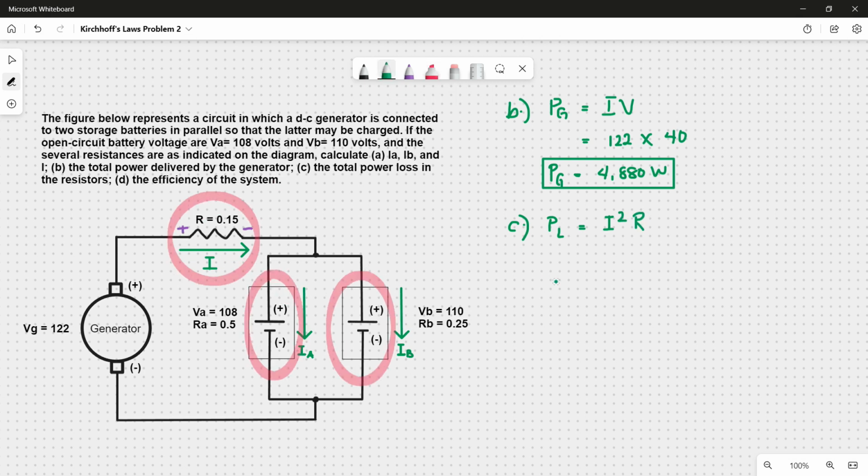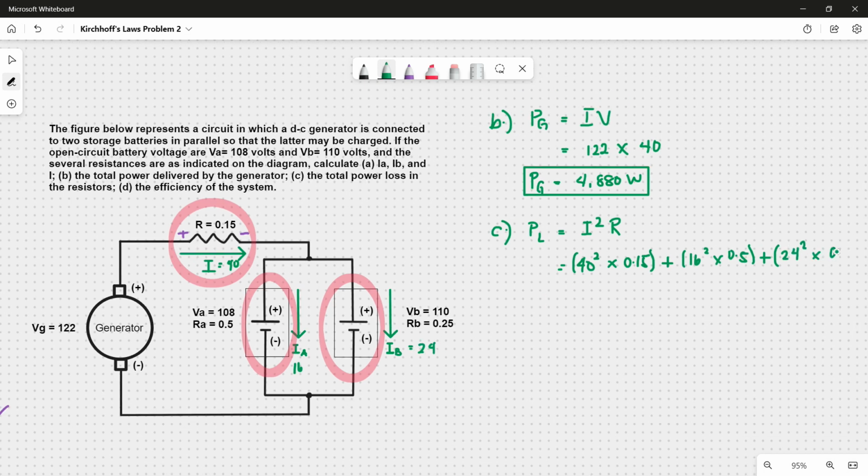So for the resistor, we know that the current I is 40, so that's 40 squared times the resistance of 0.15. For this battery, we got the current IA of 16 amps, 16 squared times 0.5, plus this battery IB has a current of 24 amps, so that's 24 squared times 0.25, and so we'll get the total of 512 watts.